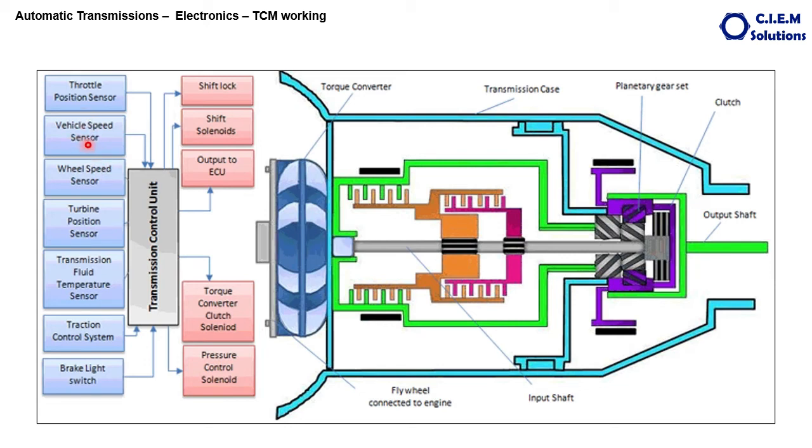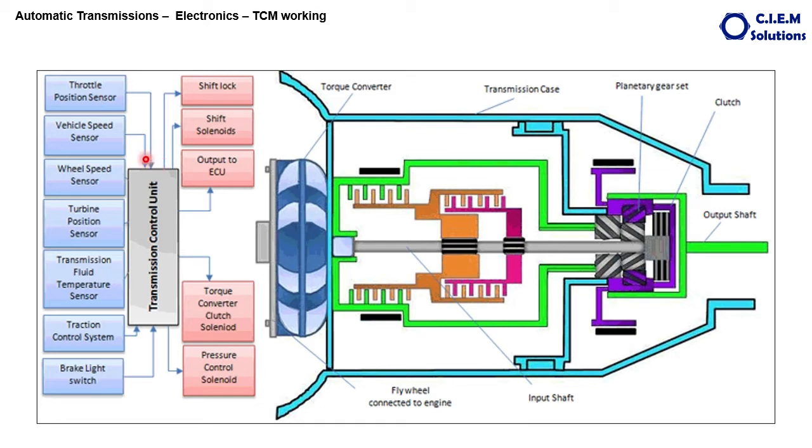The first one is the vehicle speed sensor, attached to the output shaft of the transmission, where it senses the vehicle speed and sends signals to the transmission control unit to decide the changing of the next gear. Then the next one is the throttle pressure sensor. The throttle sensor signal comes from the engine unit, because it is connected to the engine ECM, that is the engine electronic control module.